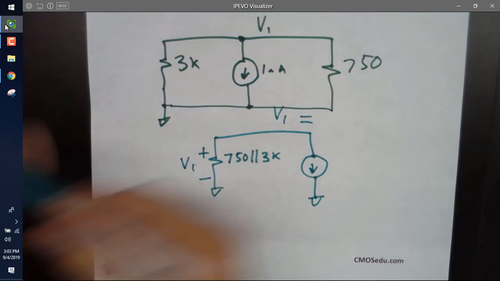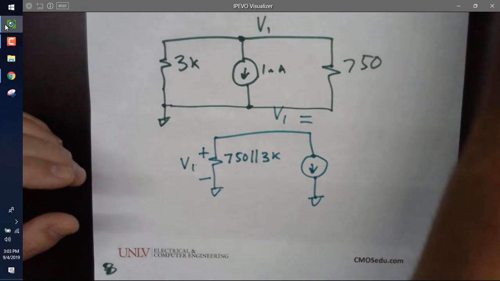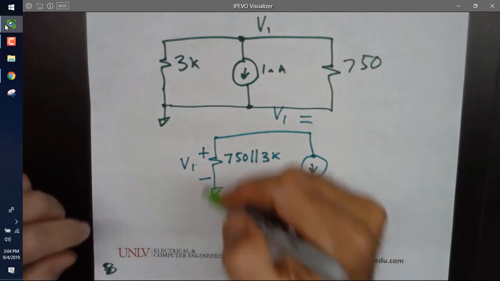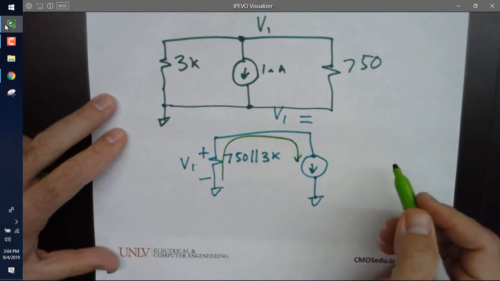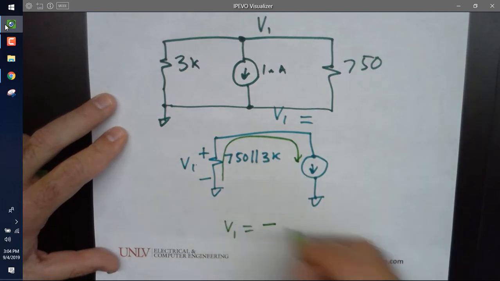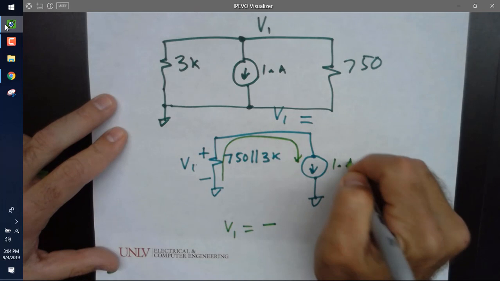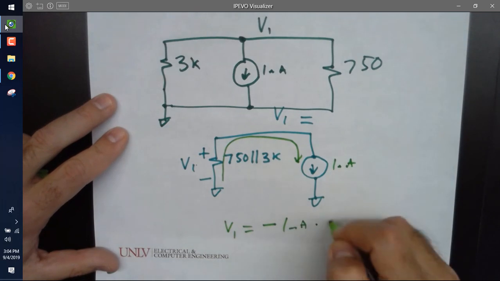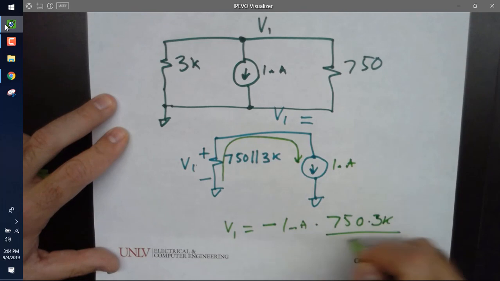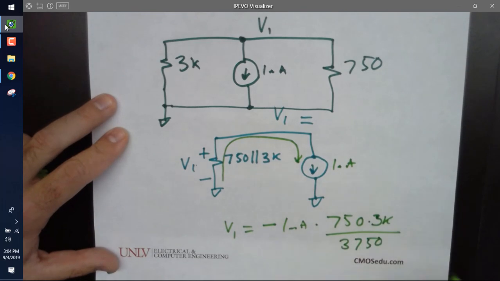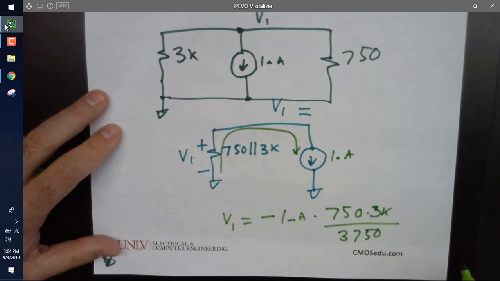Okay, but I don't have the current going down here. Which way is the current flowing? So what's V1 equal to? Negative 1 milliamp times 750 times 3K all over 3750. And let me think, could I do that one without a calculator?